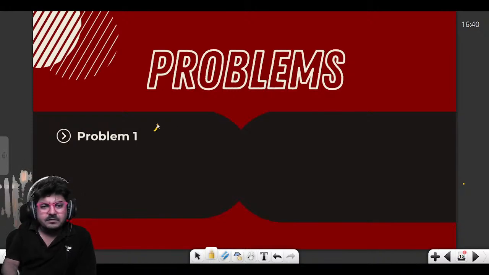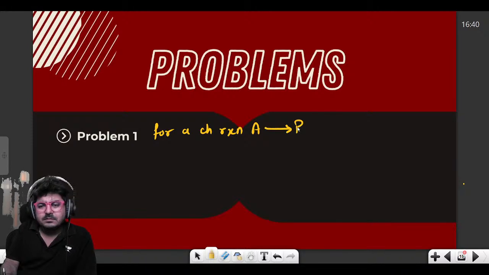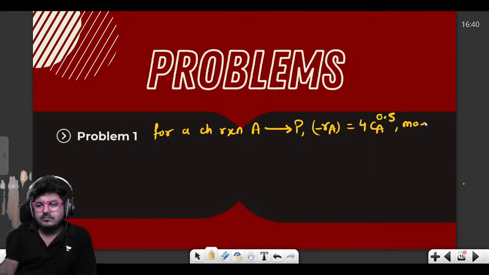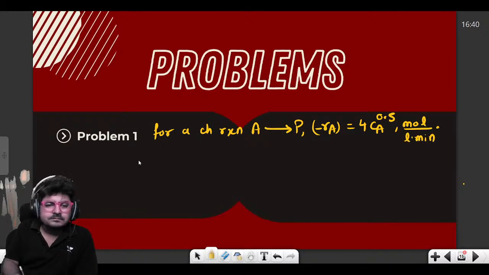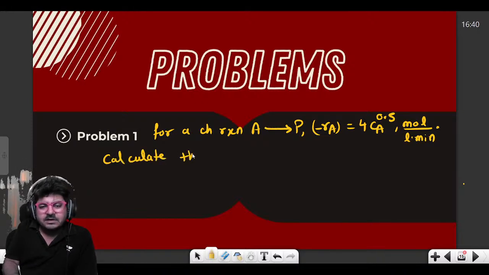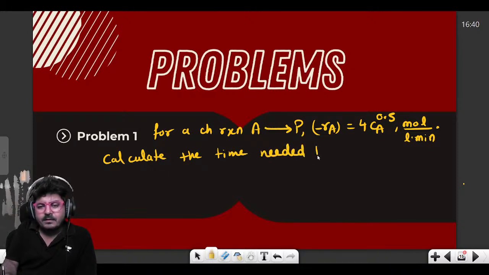It is given that for a chemical reaction, calculate the time needed to obtain x equal to 1.